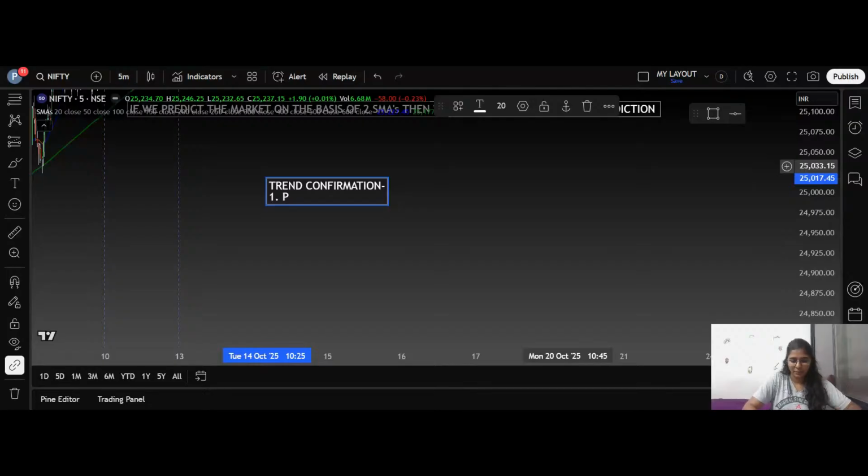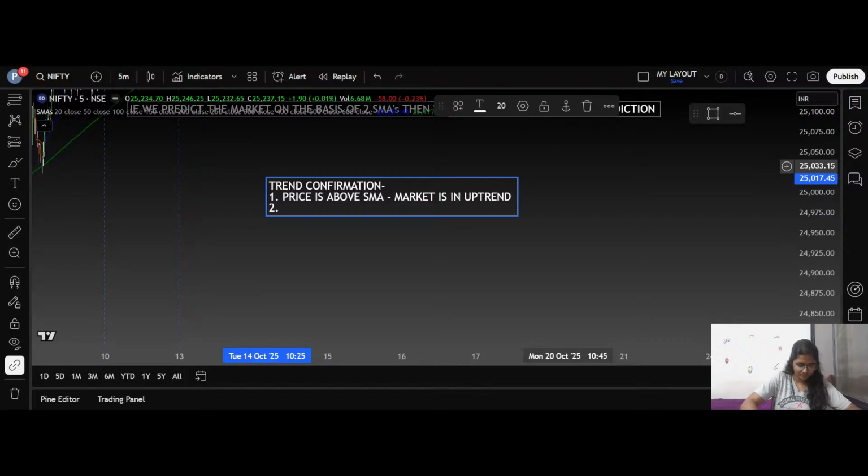So if the price is above SMA, then the market is in uptrend. If the price is below SMA, then the market is in downtrend. It's just a recap, nothing else.